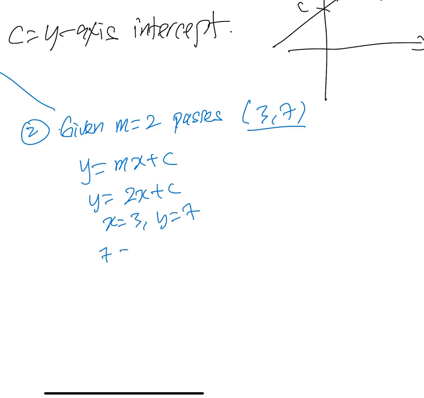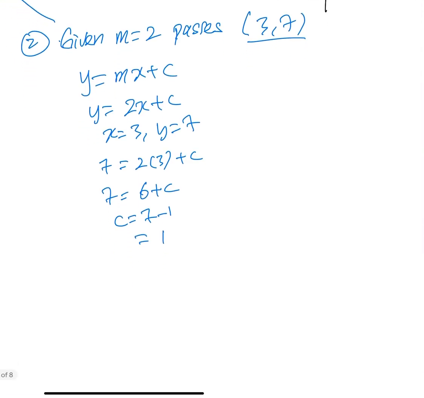So 7 equals 2 times 3 plus c. 7 equals 6 plus c. c is equal to 7 minus 6, which is 1. After finding my c, I can put it down: y equals 2x plus 1. So this is the second condition, which is the gradient is given and it passes through a point.